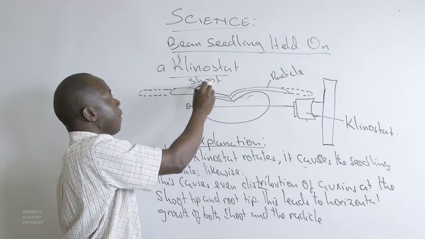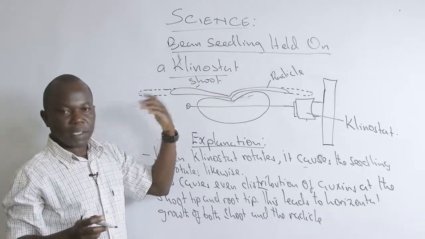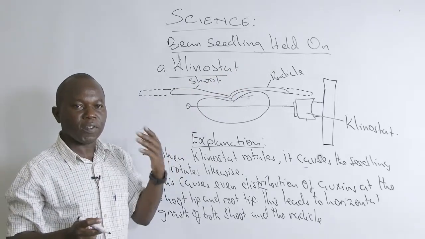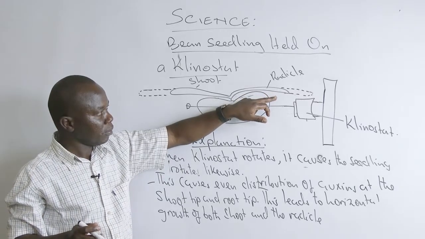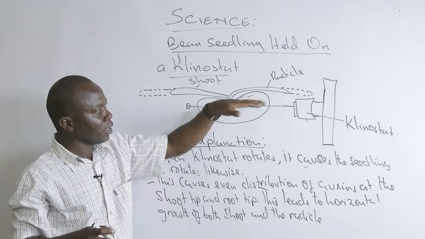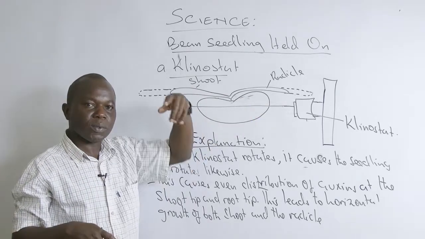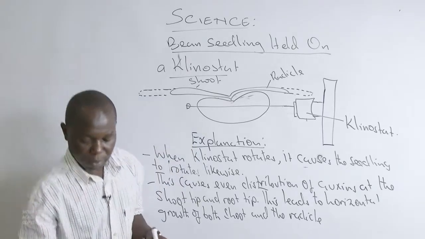So in other words, the clinostat has nullified the effect of auxins on the shoot tip and root tip. So it's just as if this seedling is growing in a vertical position.